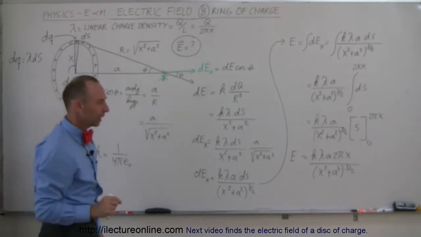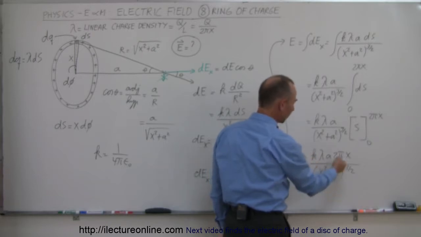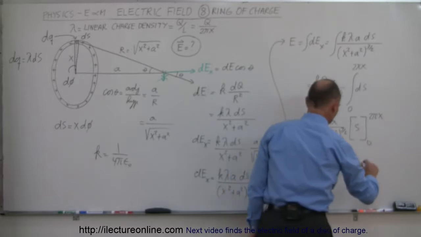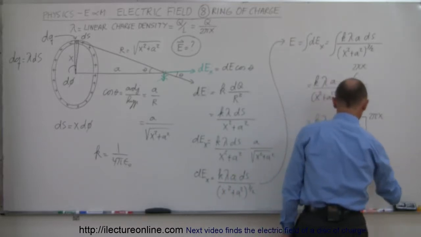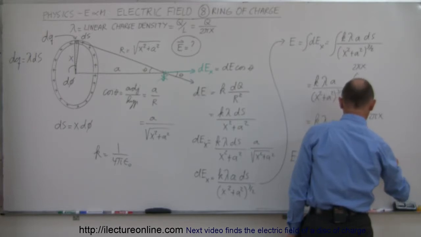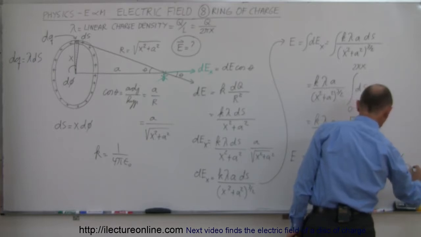And so sometimes what we like to do is replace k by 1 over 4 pi epsilon sub naught so we can get rid of the 2 and the pi. If we do that, we can say this is equal to 1 over 4 pi epsilon sub naught times lambda a 2 pi x divided by x squared plus a squared to the 3/2 power.